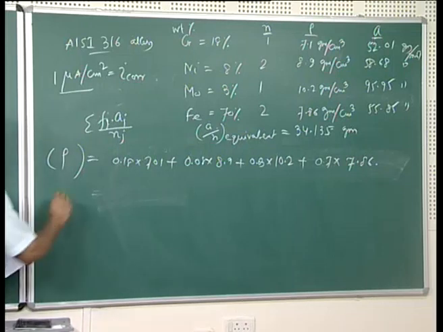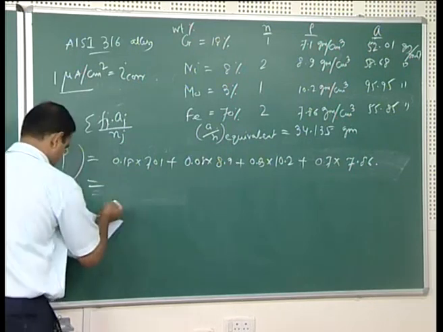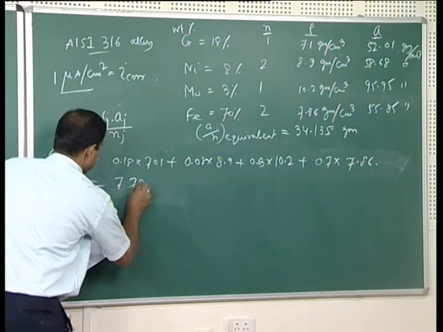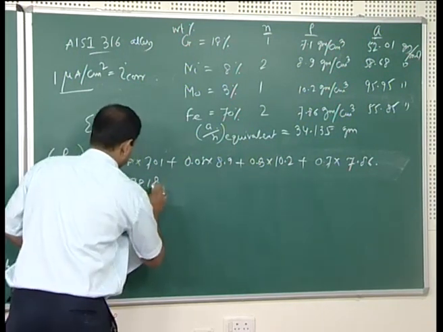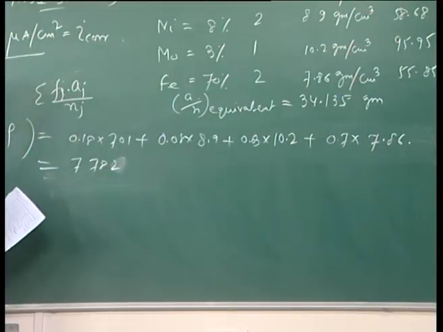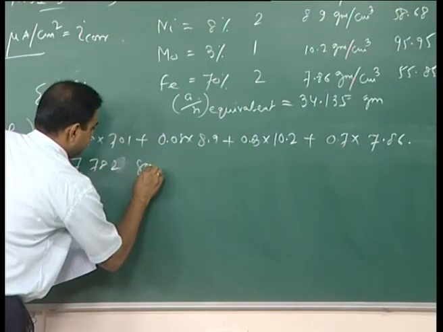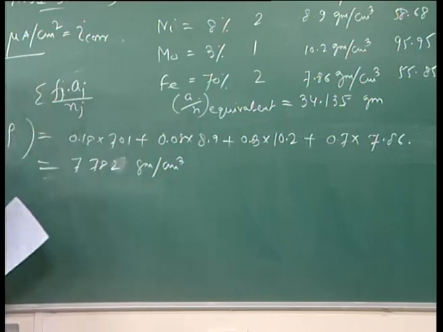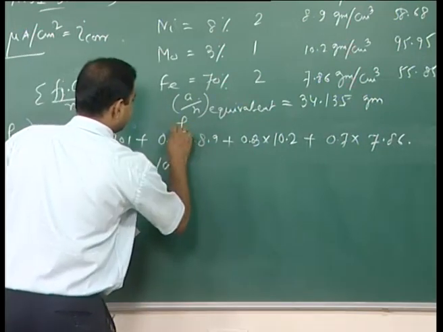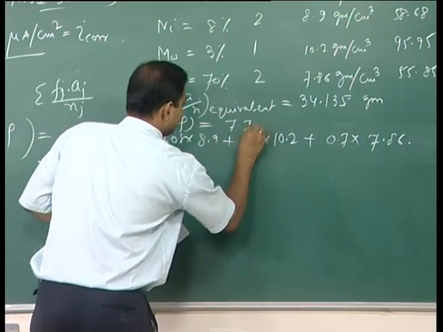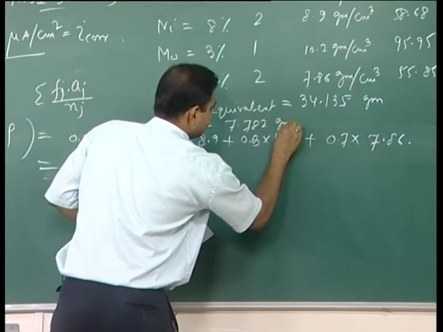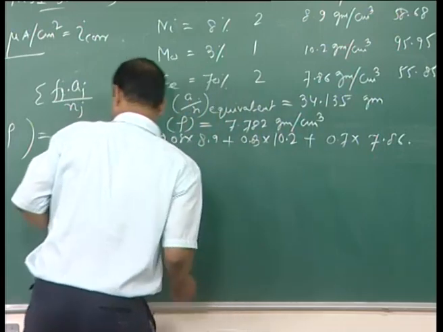So, from that you can find out my rho of that alloy would be 7.7818. Let me put it up to 3 decimals, in gram per centimeter cube. So, I can note down that rho of that alloy is nothing but 7.782 gram per centimeter cube.